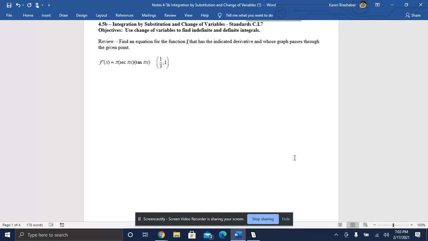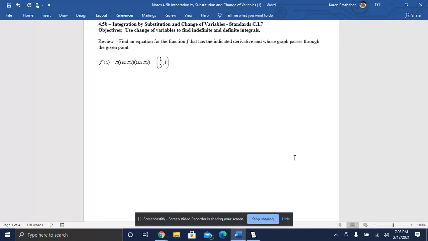So I'm going to start you off with a review problem because it seems like the trig functions are a little confusing as to what should be the u and what should be the du.